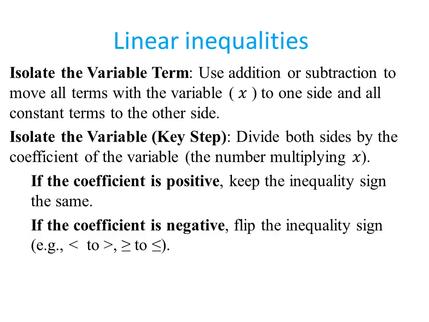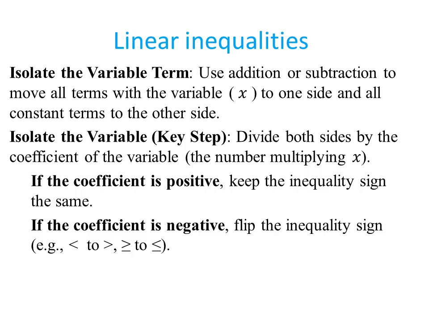After this, we solve for the variable. Divide both sides by the coefficient of the variable. Here we have two cases. If the coefficient is positive, keep the inequality sign the same. If the coefficient is negative, flip the inequality sign. For example, if less than is there, we change it to greater than, and if less than or equal to is there, we change it to greater than or equal to.